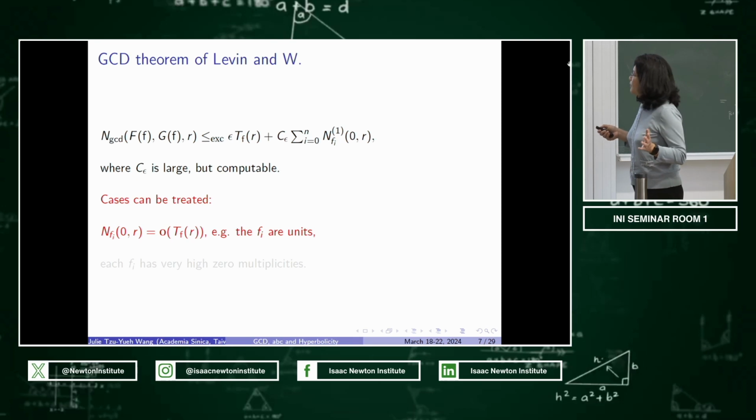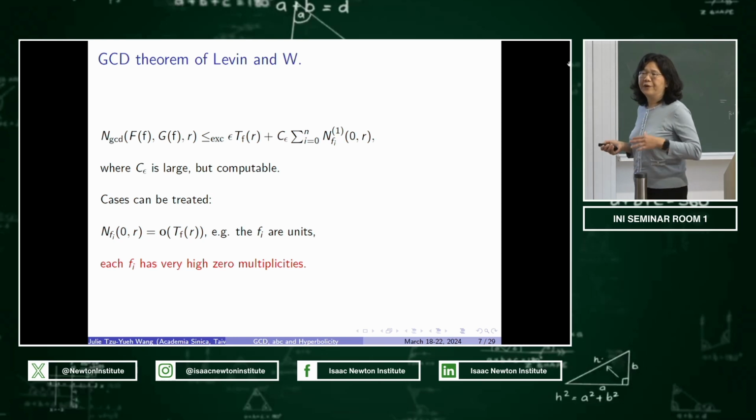Or if their growth is very slow, if it's a small function, then it is fine. And then the other case is if Fi have very, very high multiplicity, then this term will become very small compared with the characteristic function. So this is also a case that we can control. So at least we can control this type of problem.